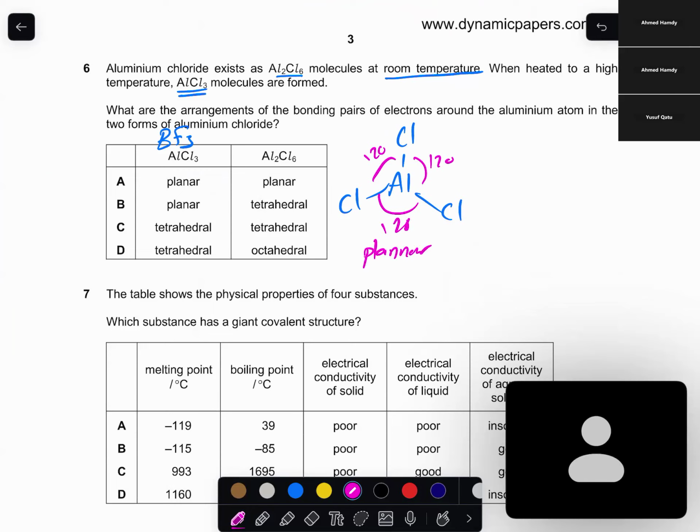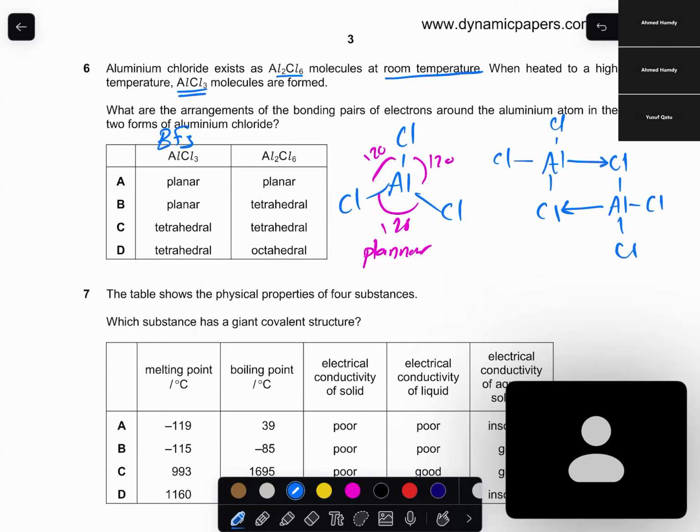And regarding Al2Cl6, it will be Al, Cl, Cl, Cl, and here Al, Cl, Cl, Cl. Here we have dative covalent, and here we have dative covalent.